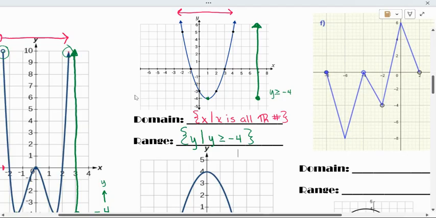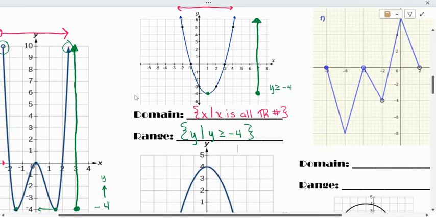That's a good question. When we talk about using set notation, the first y tells us that we're only focused on the y's. And then that line means such that, or therefore. It's like a comma.